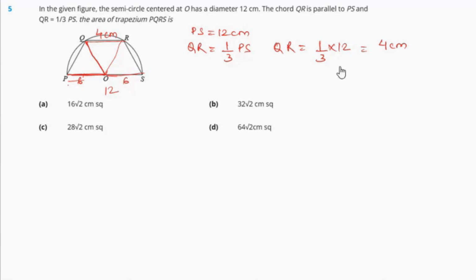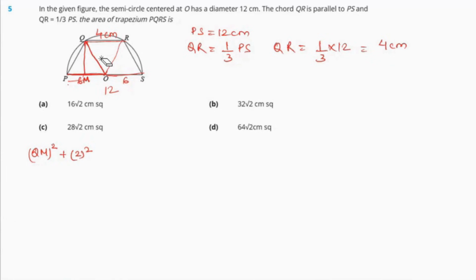Now to figure out the height, we can apply the Pythagoras theorem over here. We will be getting this height if we take it as QM, with half of this, so we are going to get 2 only.